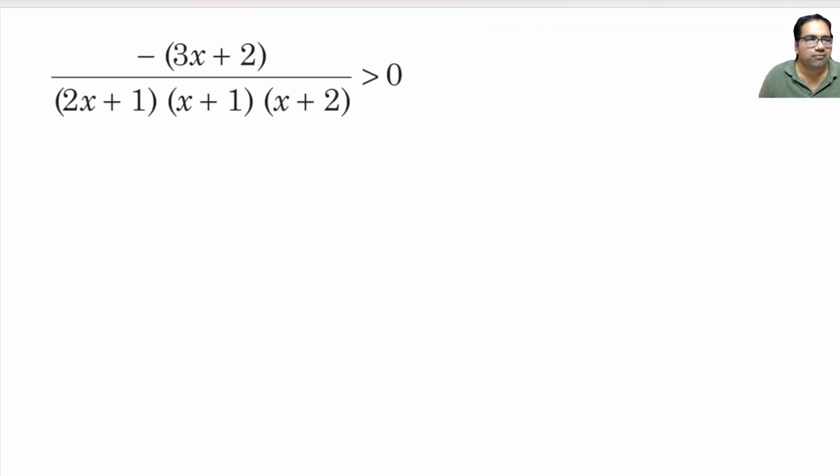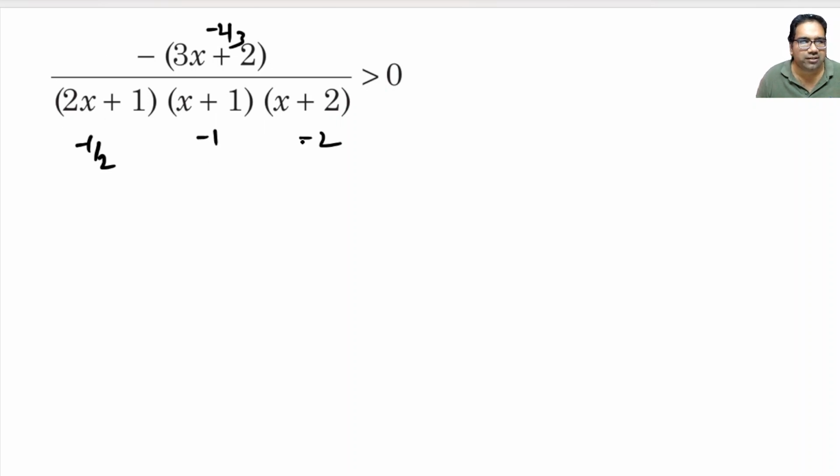Okay, so now for this expression, let us see. We have x changing at minus 1 or minus 2, minus half or minus 2 by 3. Let us understand from where the overall expression is positive. We'll use the number line method.